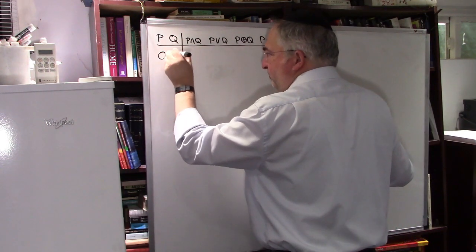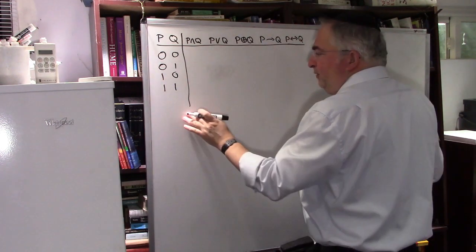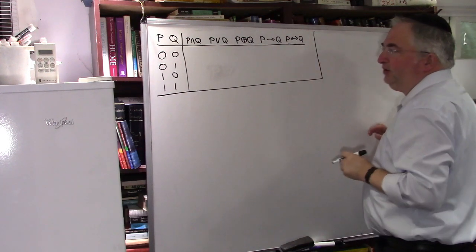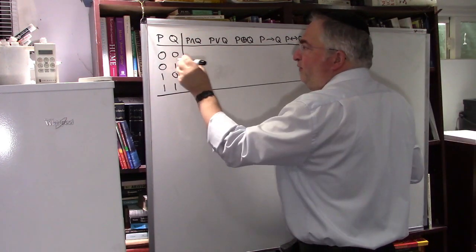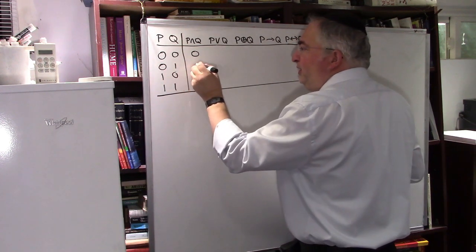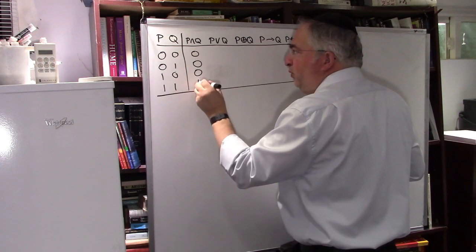This is 0, 0, 0, 1, 1, 0, 1, 1. We're going to keep this cheat sheet around. So 0, 0, false and false, 0. 0 and 1, 0. 1 and 0, 0. 1 and 1, 1.